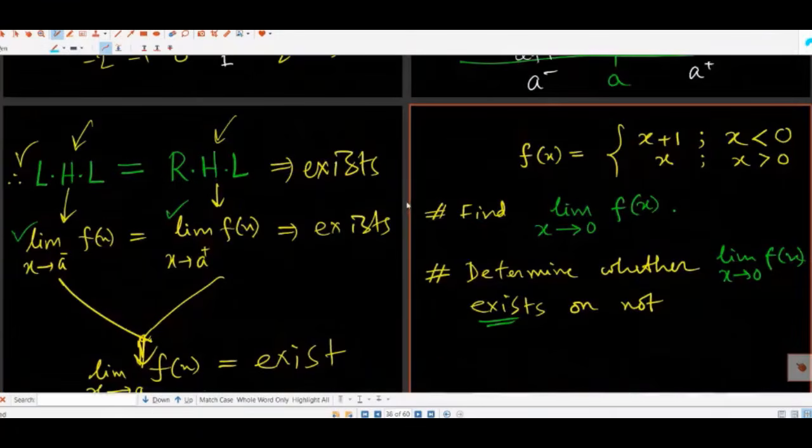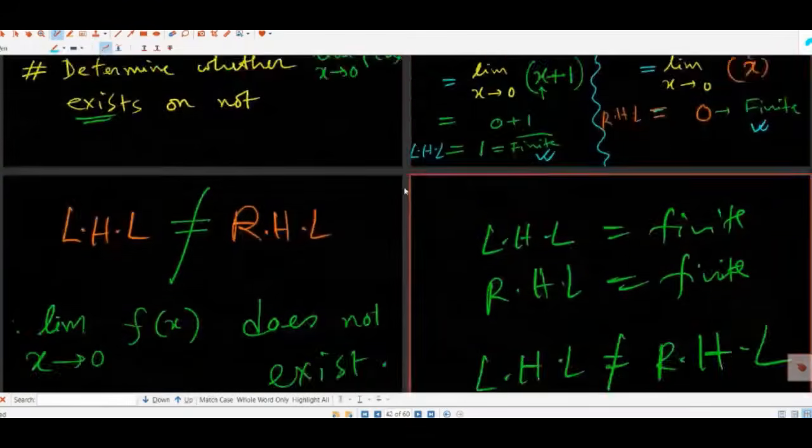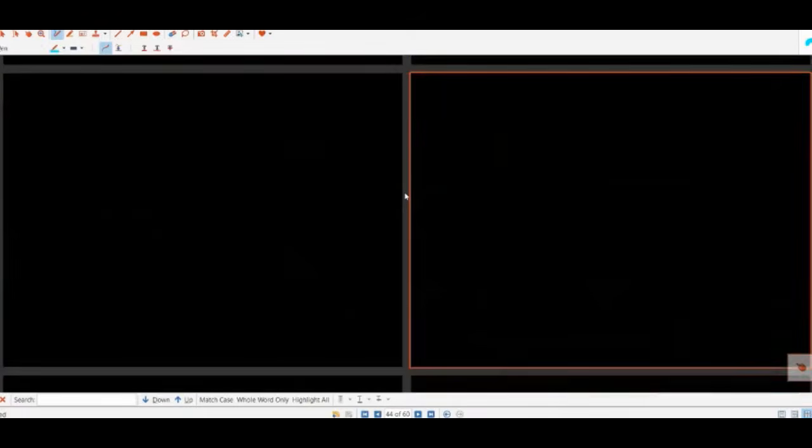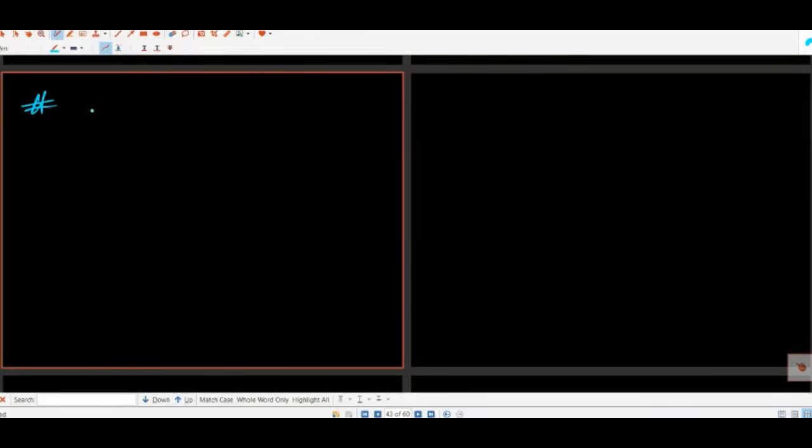You will understand again if we have a look at some more examples. Suppose we have a function f of x as the absolute value of x. Having absolute value denotes the modulus. This is one absolute value function, but an absolute value function can be made into a piecewise function.